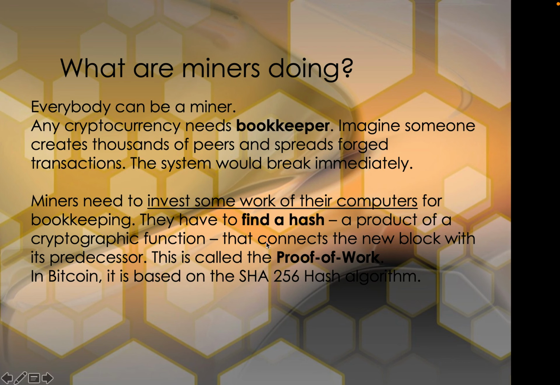So what those miners do is they want to find a hash. This hash is called the proof of work in Bitcoin. Since we have already taught hashes like SHA-256, which is used in Bitcoin, we know what that is.